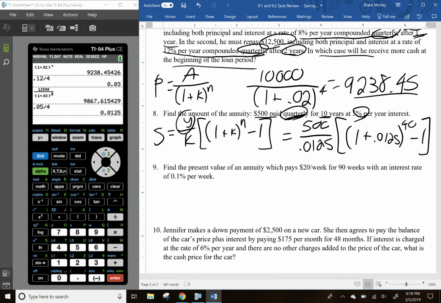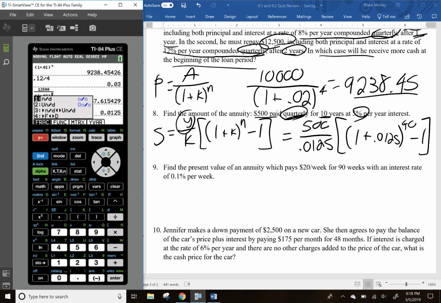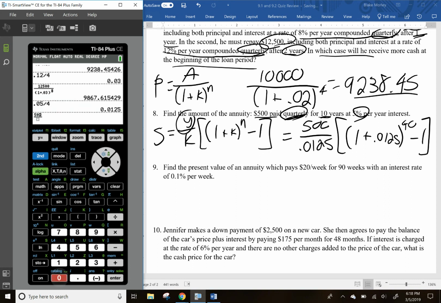And so there we go. Now we just need to type this into our calculator. So alpha Y equals, just to get me my fraction tool, so I have 500 on top. Then I'll have 0.0125 on the bottom. I'm going to open 2 sets of parentheses. And this set will have 1 plus 0.0125.